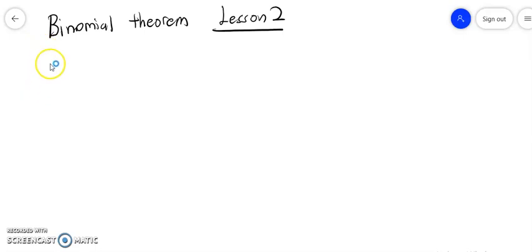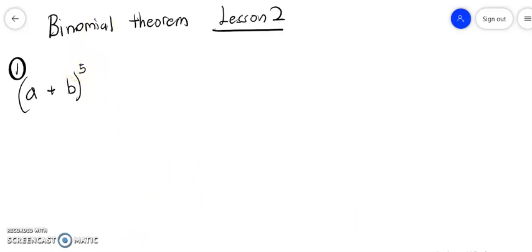So now we are going to expand. Let me straight away start with a question. Question number 1, we have (A plus B) to the power of 5.